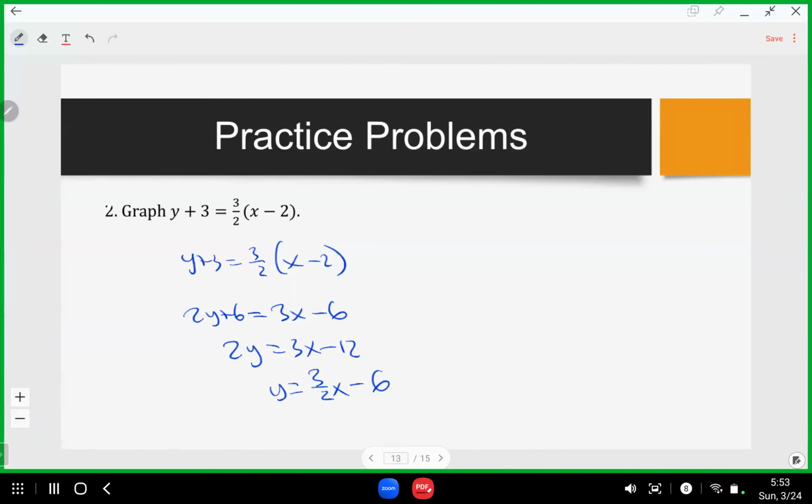You can actually get this without converting. If you remember the equation, y minus y1 is equal to m times x minus x1, right? So technically, 3 and -2 here are points.